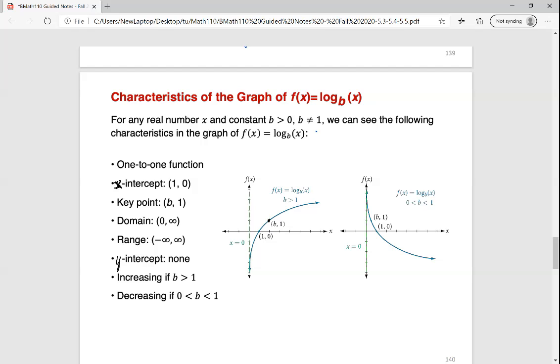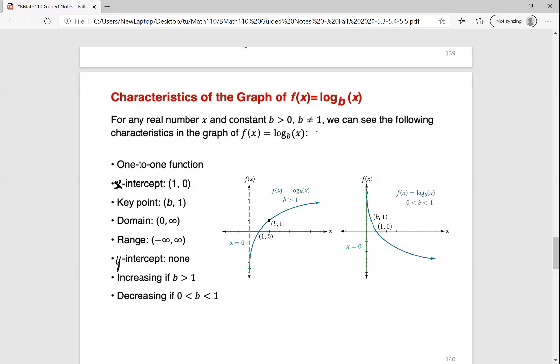And the graph will be increasing if the base is greater than 1. For decreasing, the base is from 0 to 1, not including.